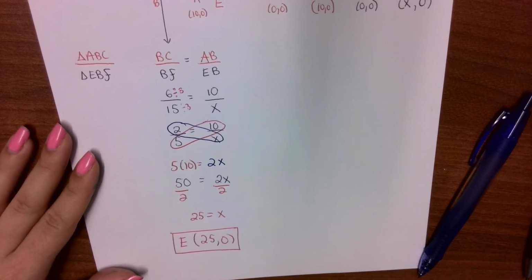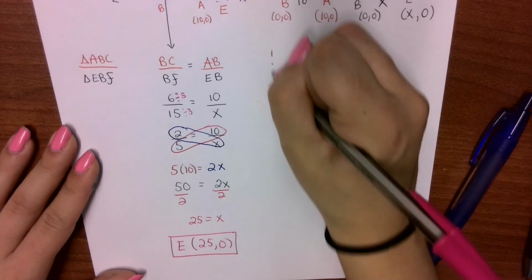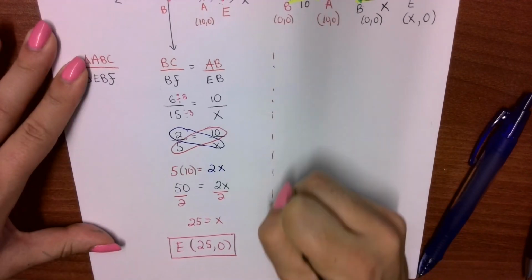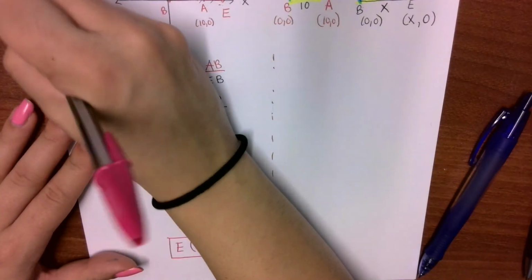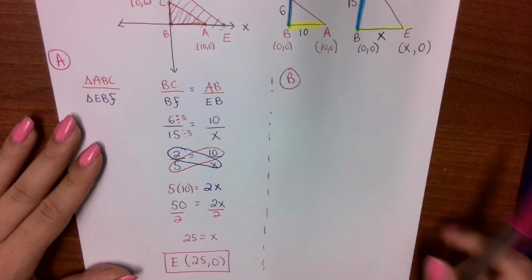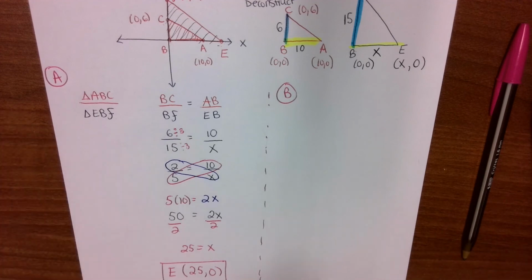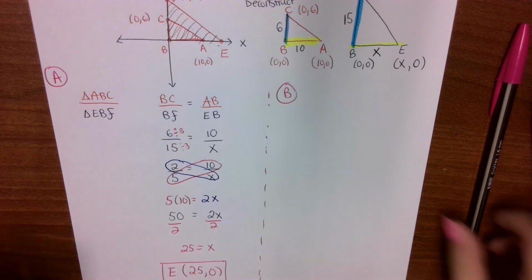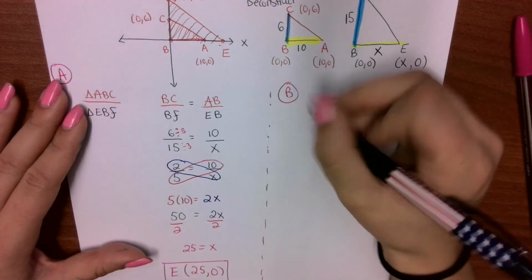So that was part A. Now we have to go ahead and do part B. For part B, we need to find the scale factor. It's really simple. In order to find the scale factor, you just have to find a corresponding side and put it as a ratio. So let's go ahead and find the scale factor.